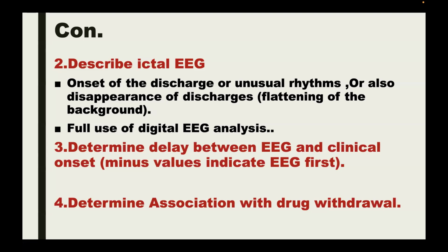Number 4, determine the association with the drug and with drug withdrawal. This is important for patients with presurgical evaluation, and all ictal reports should mention whether this patient has drug withdrawal or is on the drug.